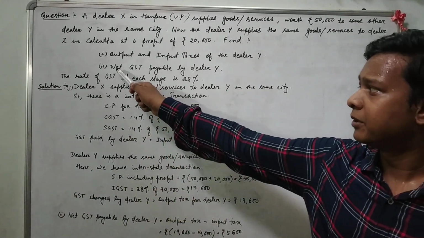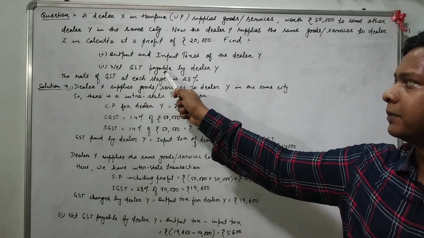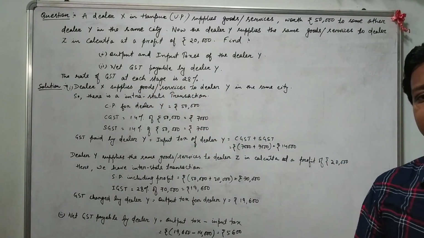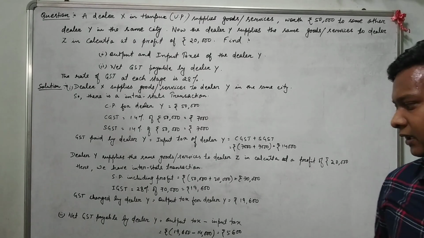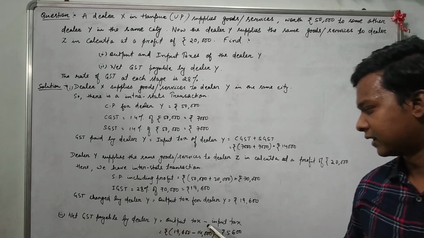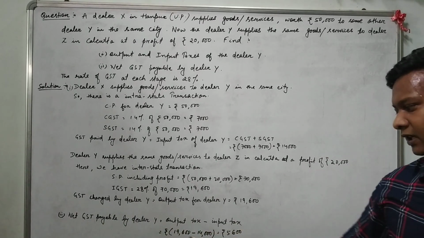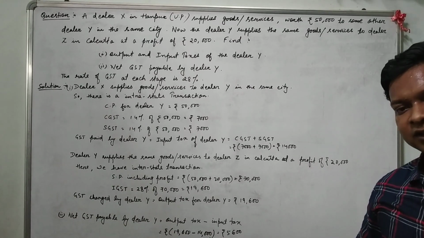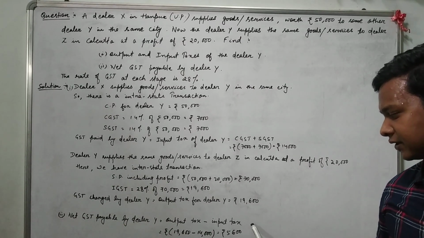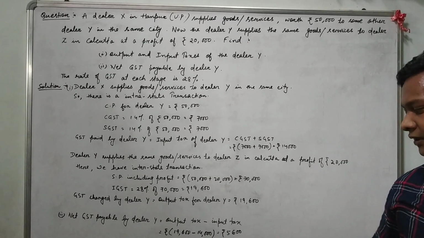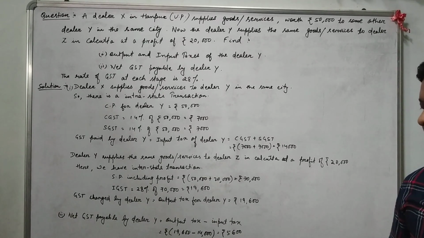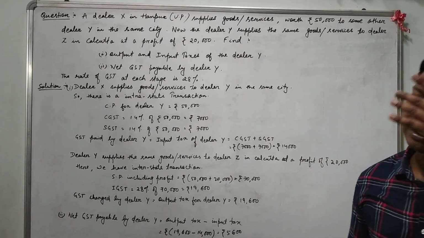Then, in second bit, it is required to find the net GST payable by dealer Y. What will be the net GST payable by dealer Y? That is equal to output tax minus input tax. 19,600 minus 14,000. We will get rupees 5,600. 5,600 is the net GST which is payable by dealer Y to the government.